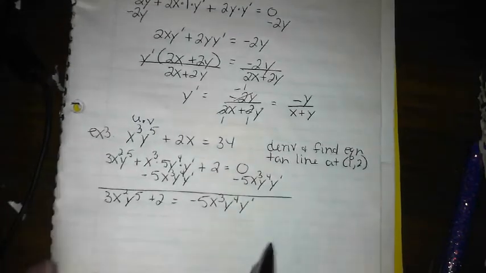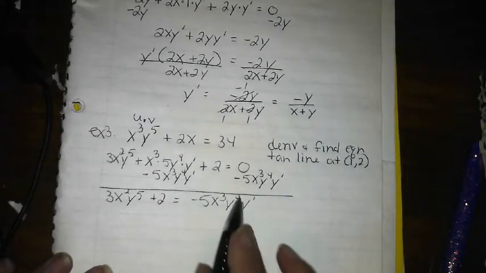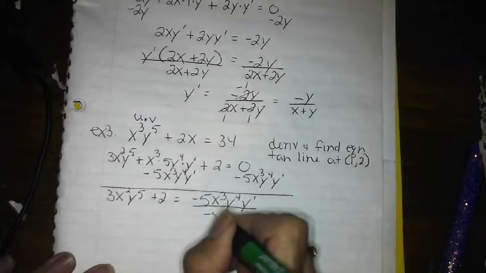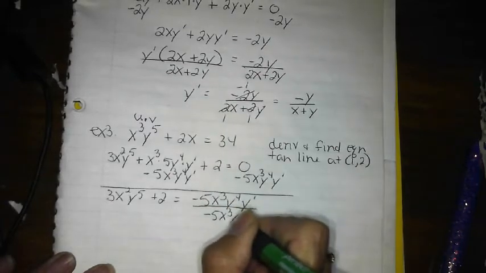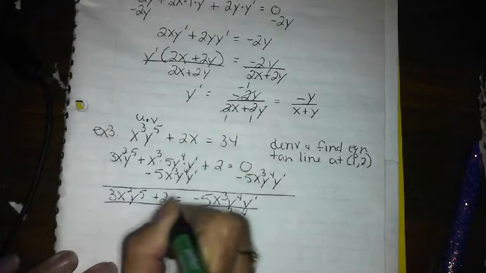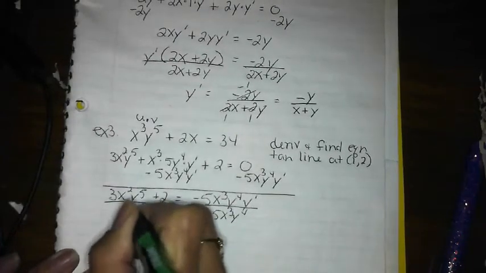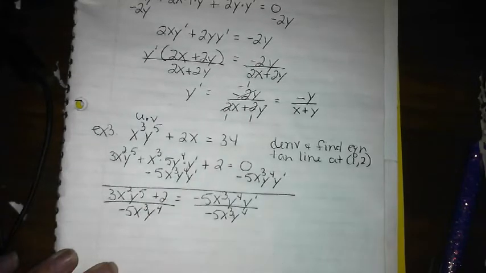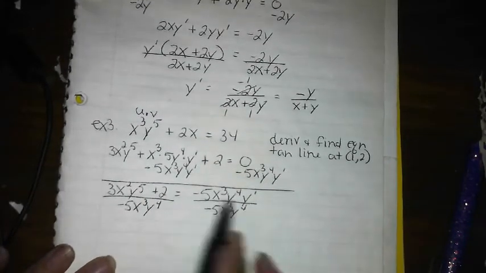So no factoring needed. So all I got to do is divide by this chunk that's being multiplied by the y prime. So there's our derivative.